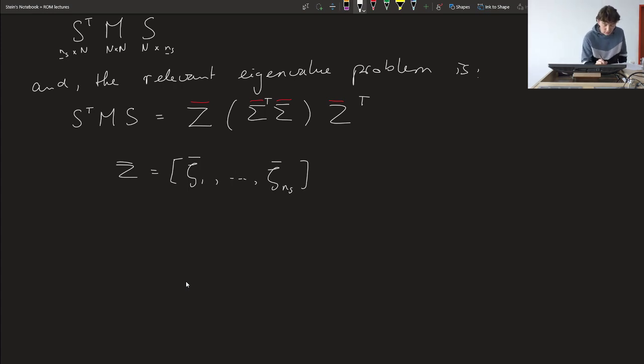So the last step that we really have to take is we want to enforce this setup onto the SVD. So we want to enforce a matrix decomposition of our original snapshot matrix as a new matrix U bar of left singular vectors times sigma bar times Z bar, where these are the ones that we just computed with the new eigenvalue problem.